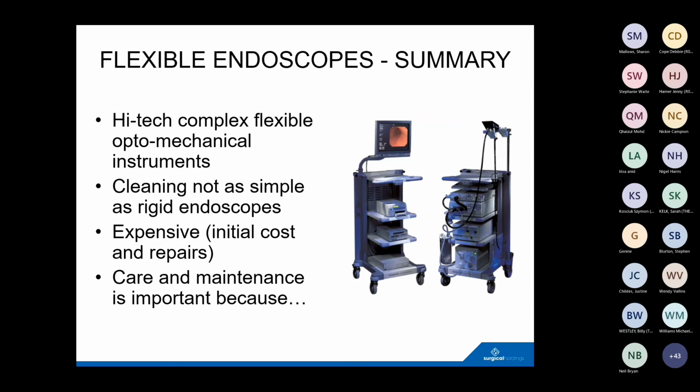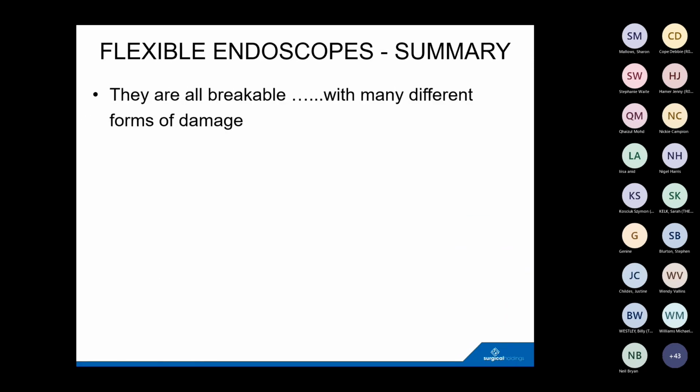So to summarize, these instruments are complex, flexible, state-of-the-art optomechanical instruments. The cleaning, unfortunately, is quite complicated, and certainly not as simple as for simple rigid instruments. These instruments are expensive, both in terms of initial costs and ongoing costs, and care and maintenance therefore is important, because they are all breakable.